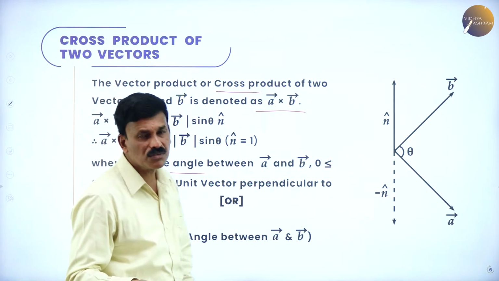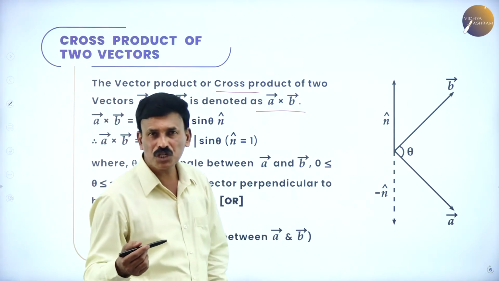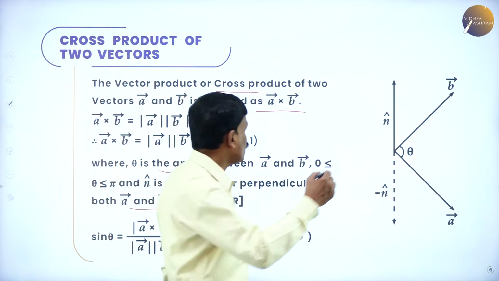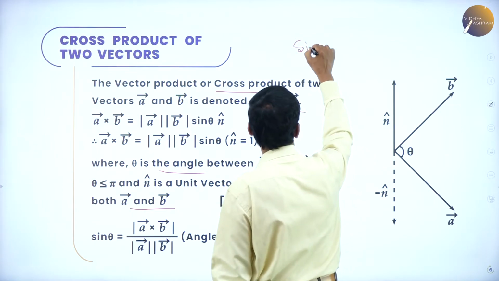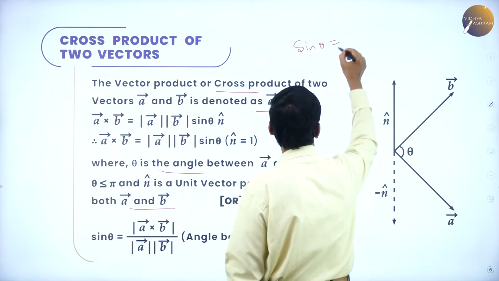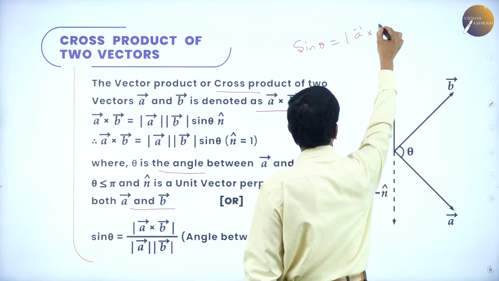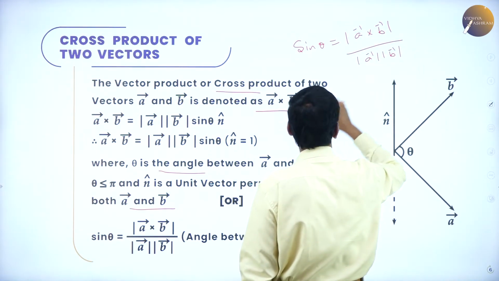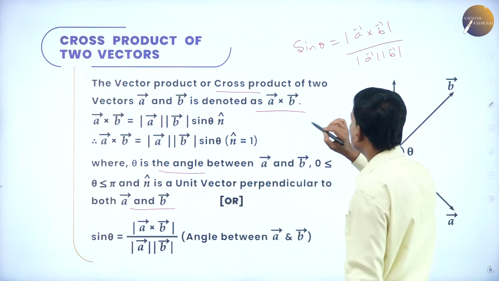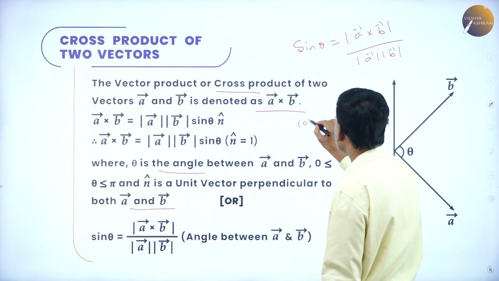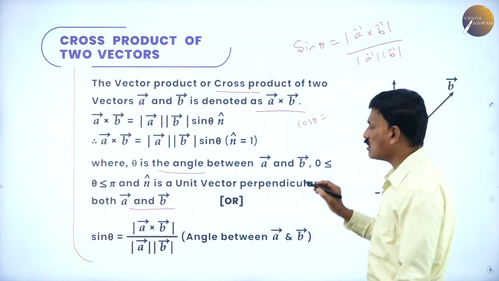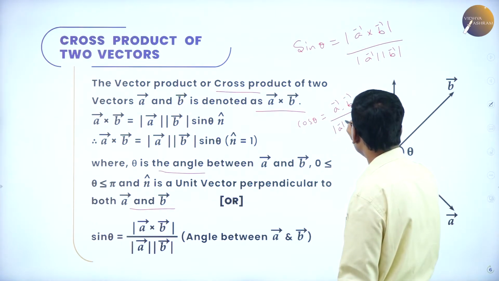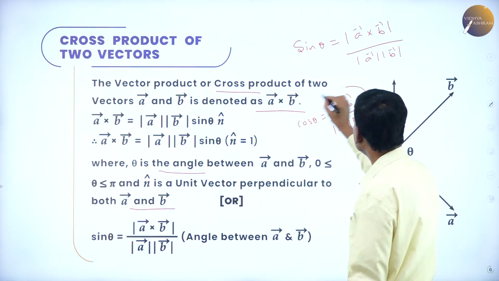In the previous class, we discussed that using the dot product, we can find cos theta. Using the cross product, sine theta is equal to length of A cross B divided by length of A into length of B. Similarly, for cos theta, the cosine of the angle between the two vectors is given by A dot B divided by length of A into length of B. See the difference.